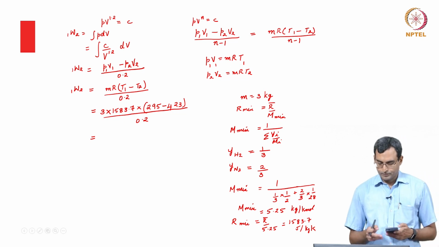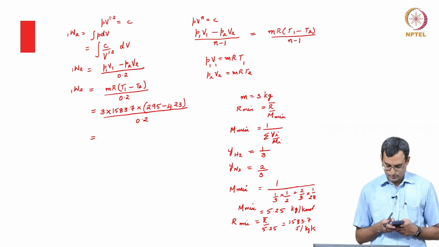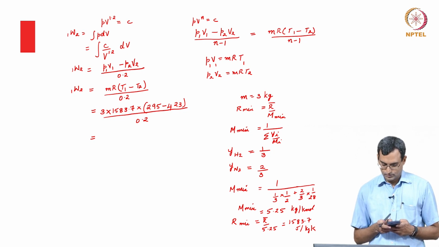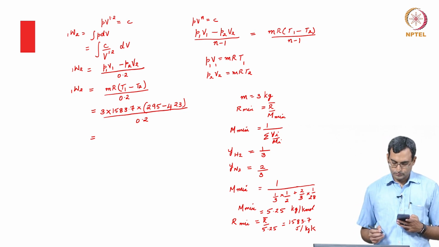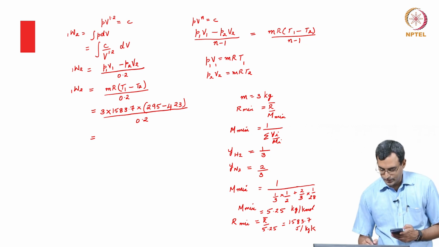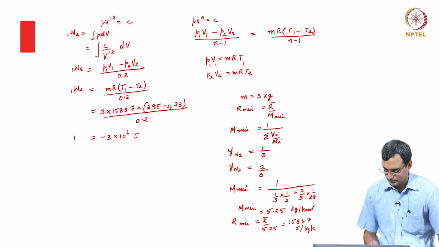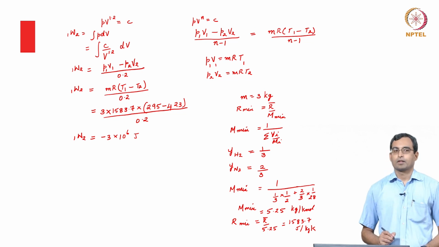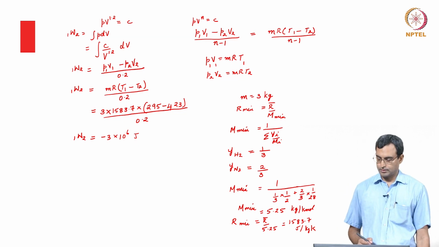So, we have 1583, which gives us a value of minus 3 into 10 to the power 6 joules, or minus 3 megajoule. So, this is the work interaction.